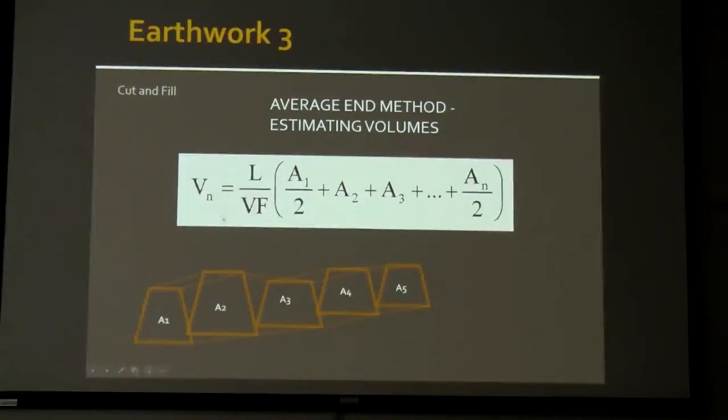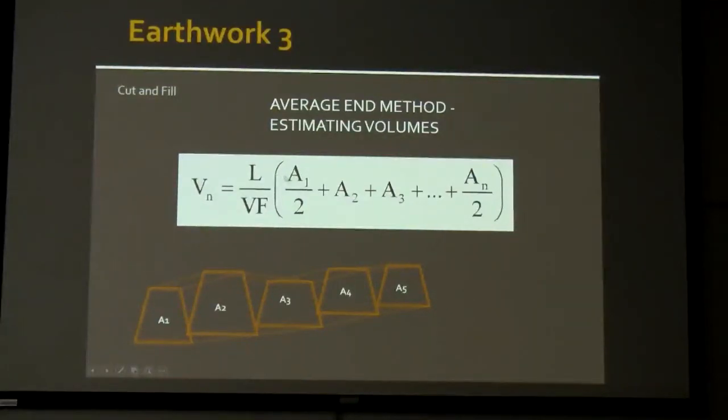So we can develop this formula. This VF is our correction that converts it from cubic feet to cubic yards. The formula came out of a manual. I would have just put 27 in there, but no one asked me.